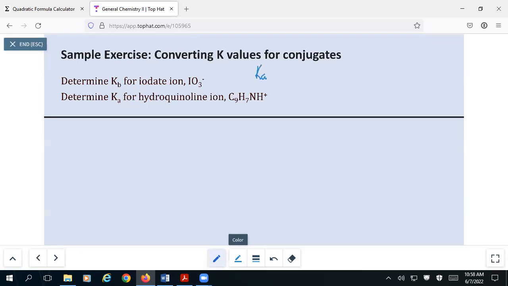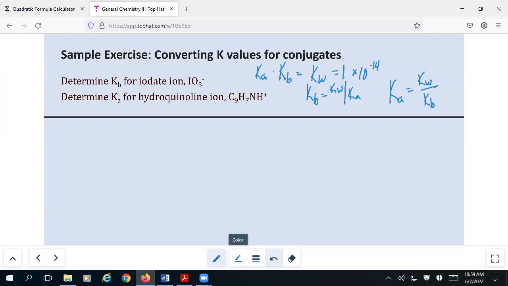So Ka times Kb is equal to Kw, which is 1 times 10 to the negative 14th. And so rearranging for either of these, I can figure out that Kb is equal to Kw divided by Ka, and that Ka is equal to Kw divided by Kb. Now it just becomes a matter of finding the conjugates here.